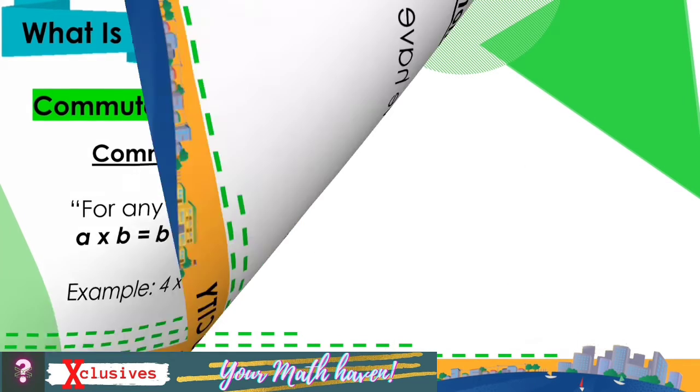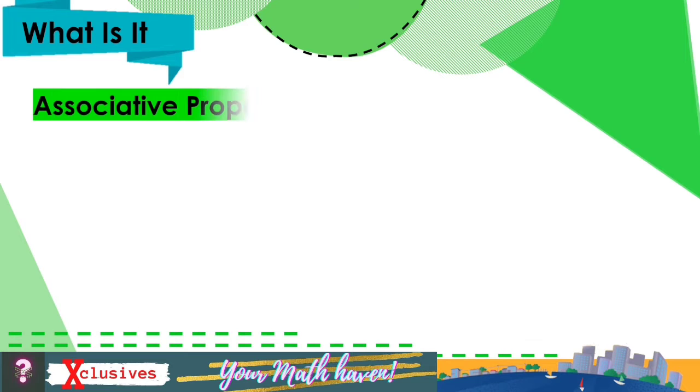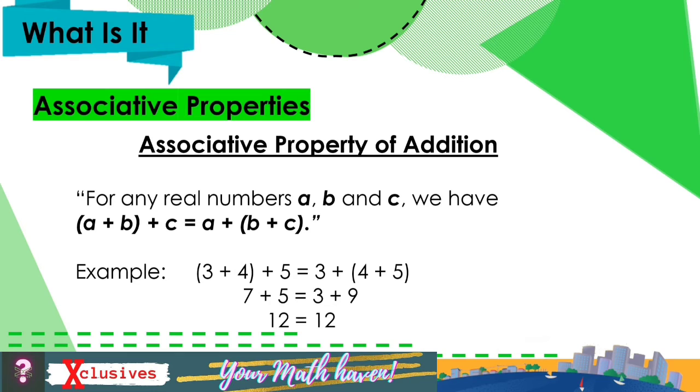We also have another property of real numbers, which is the associative properties. First, we have the associative property of addition, which states for any real numbers a, b, and c, we have the sum of a and b plus c is just the same with a plus the sum of b and c.